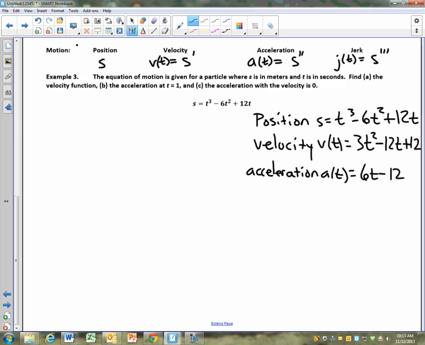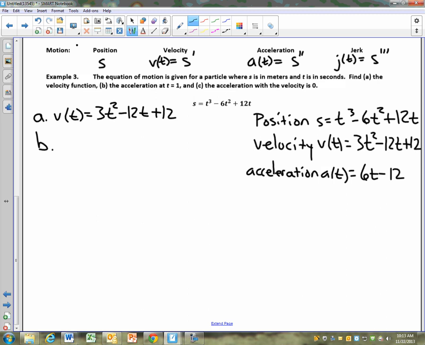Very good. What's that? Well, right. So we did part A. We did the velocity function. Velocity of t is equal to 3t squared minus 12t plus 12.